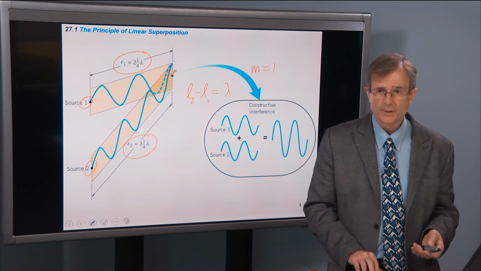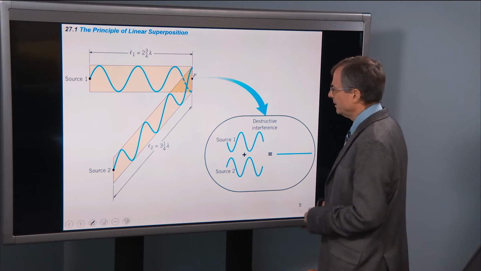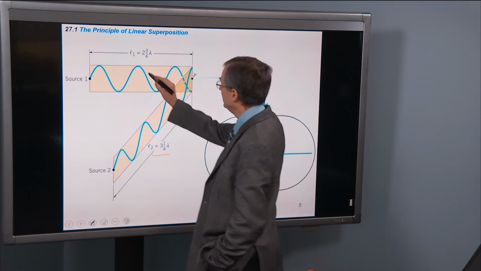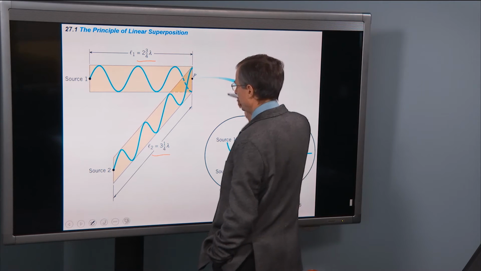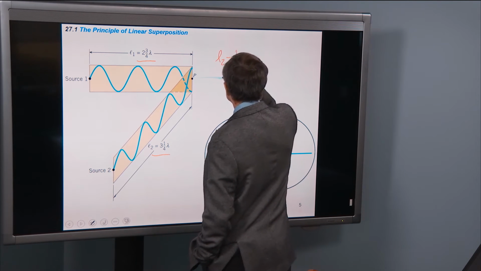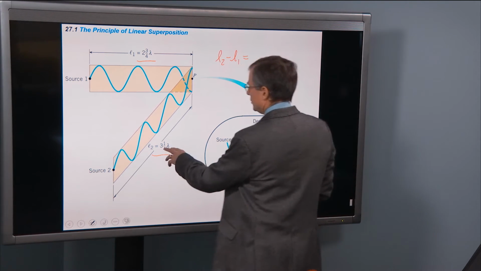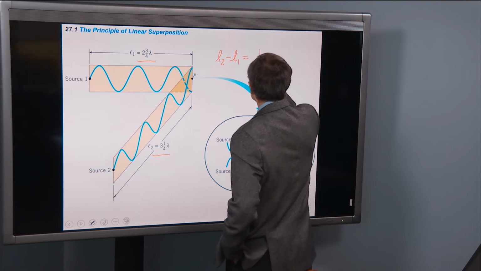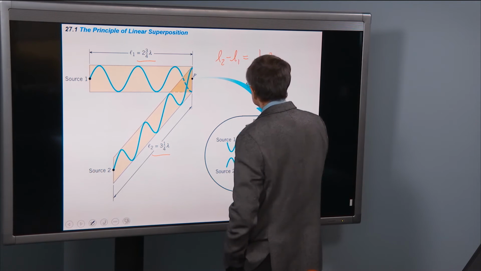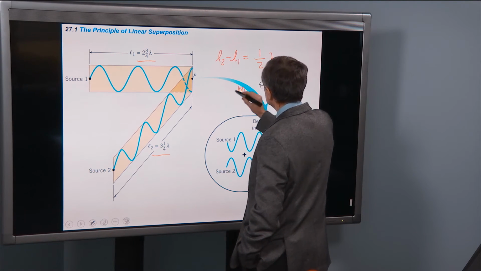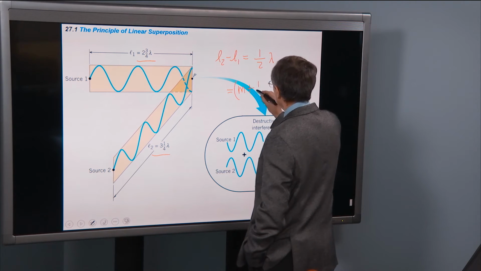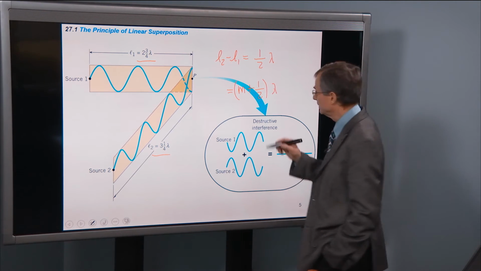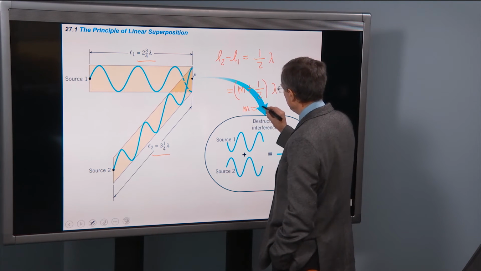We get constructive interference. If instead we have a case where the path length difference is half a wavelength, so 3 1/4 minus 2 3/4 is just half a wavelength, that satisfies the m plus 1/2 lambda criterion, with m, in this case, being 0.